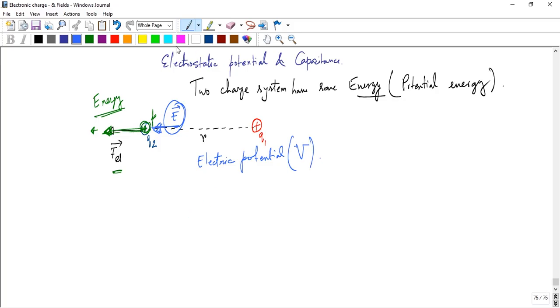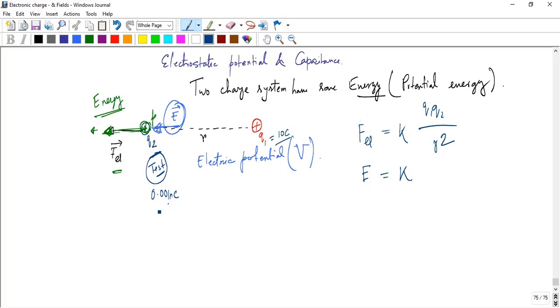So from electrostatic force, F equals K Q1 Q2 by R square, and the electric field E is basically K times the source charge over R square, with the test charge removed. The test charge is chosen to be of very small magnitude, suppose 0.001 nano coulomb, while q1 is suppose 10 coulomb.